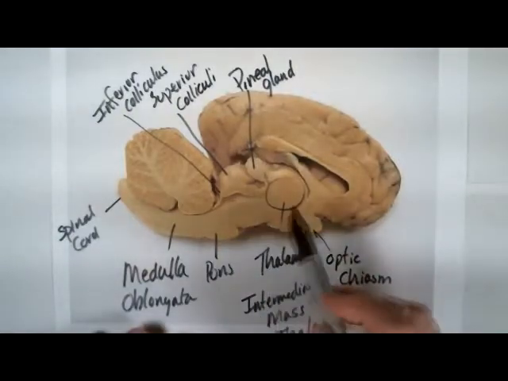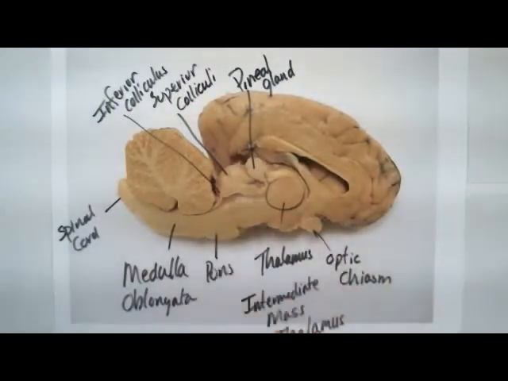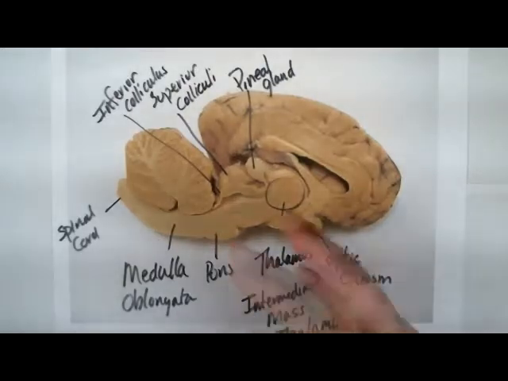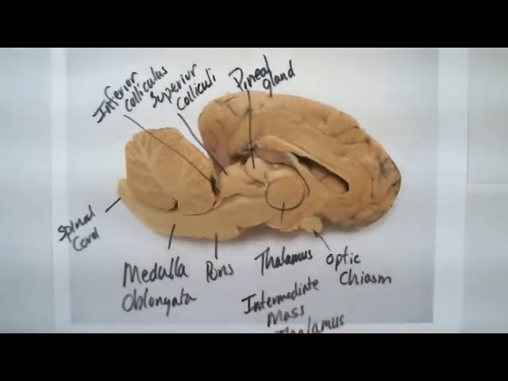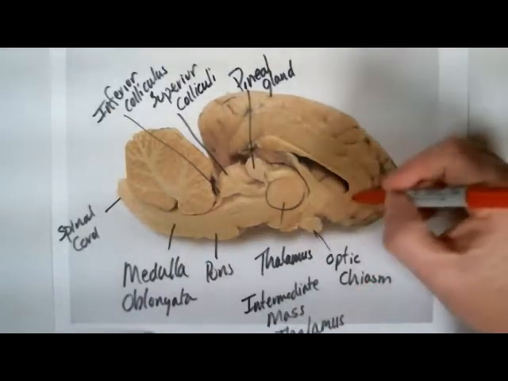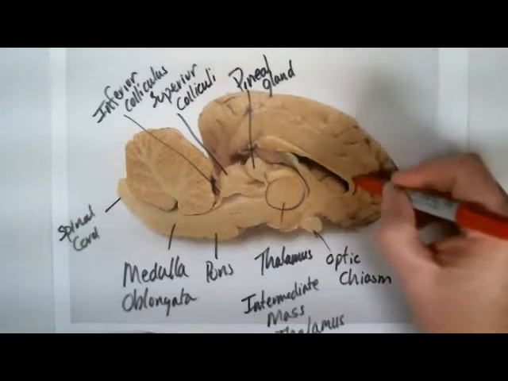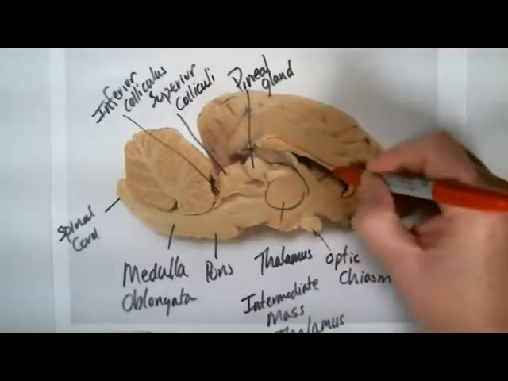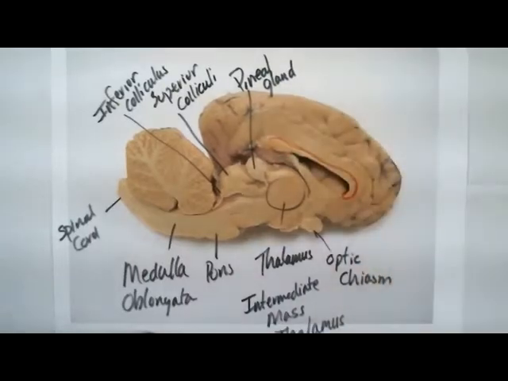Again, remember we've got a cerebral aqueduct running right underneath here that connects the third ventricle to the fourth ventricle. Let's move on up. I'm going to change colors here just to make things a little easier. We've got our fourth ventricle here, and then we have this piece kind of here. When you see the actual sheep brain in class as opposed to watching it here on the video, it's a definitely different color.